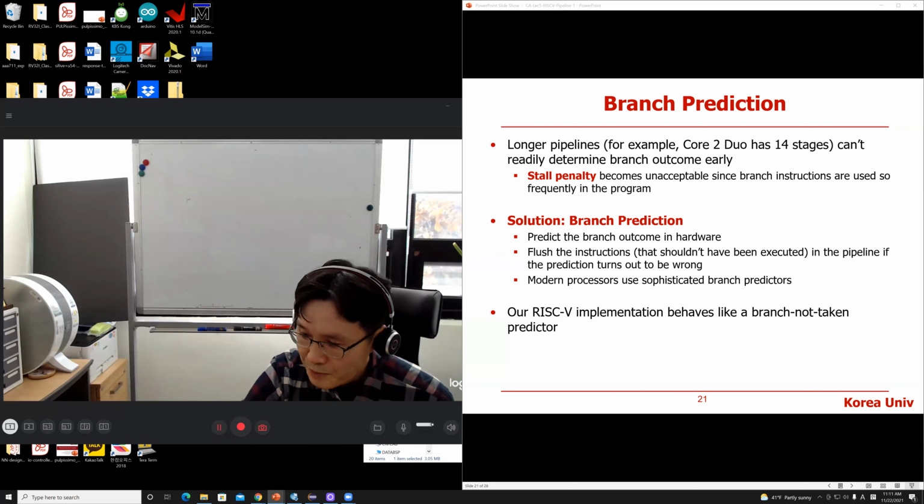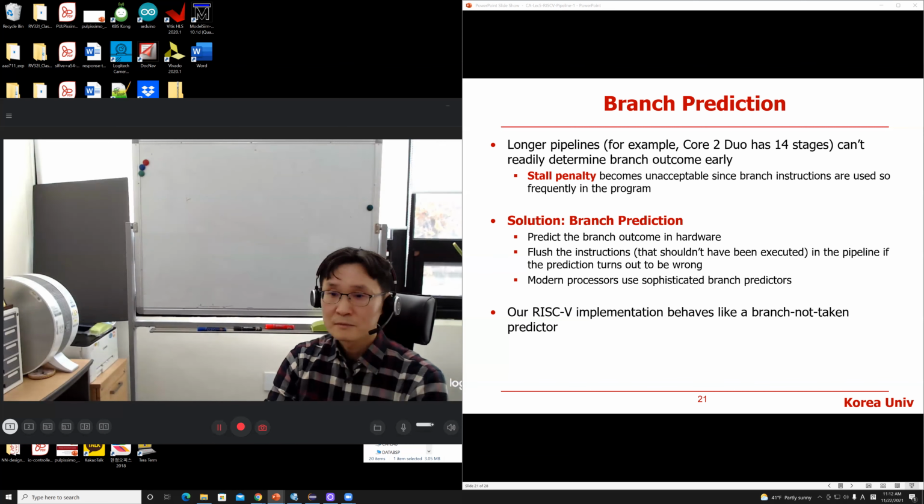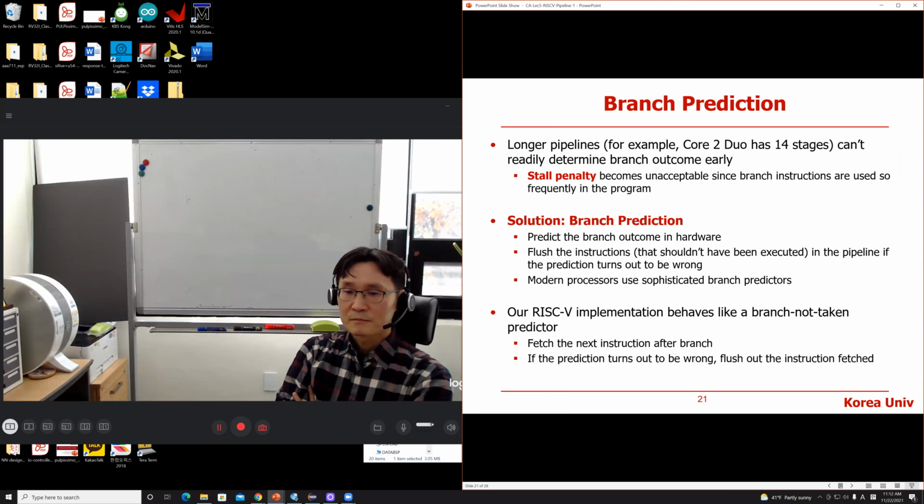Modern processors use sophisticated branch prediction. Our RISC-V implementation behaves like a branch-not-taken predictor. Fetch the next instruction after the branch. If the prediction turns out to be wrong, flush out the instruction fetched.